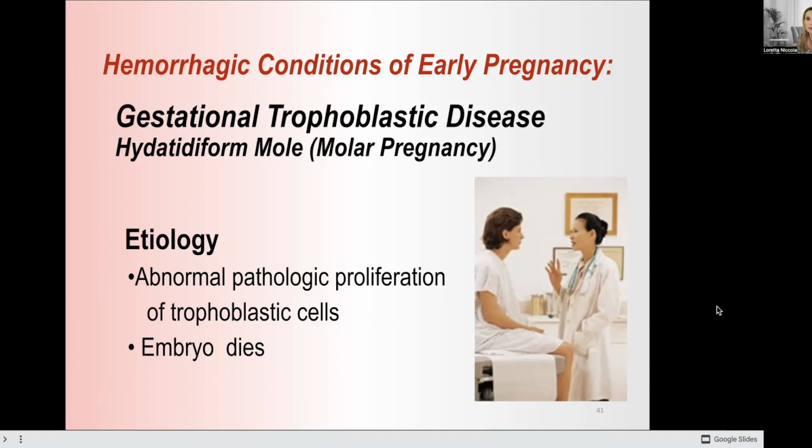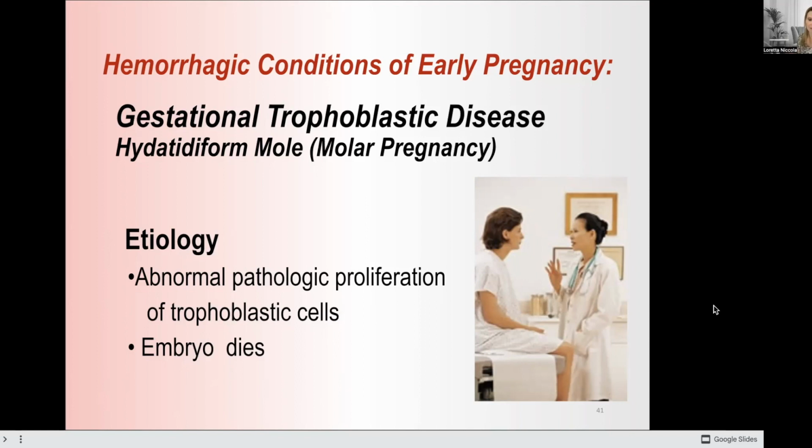But basically, the trophoblastic cells are the cells that the baby grows from. They grow into the morula, they duplicate, they multiply, and it becomes the baby. But when this process goes awry, these normal cells can just overproduce and go into a pathologic proliferation.